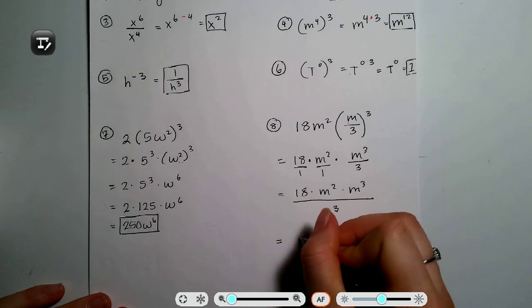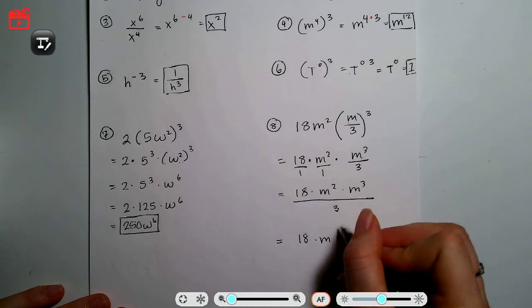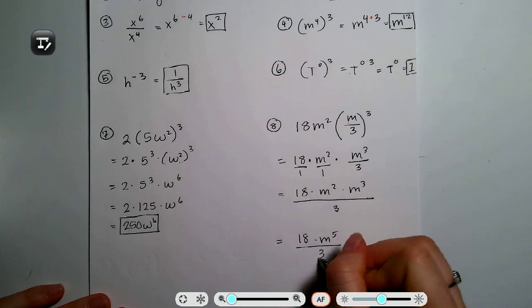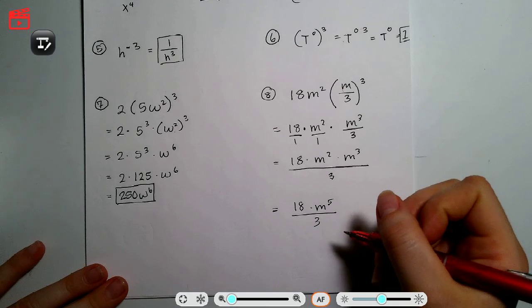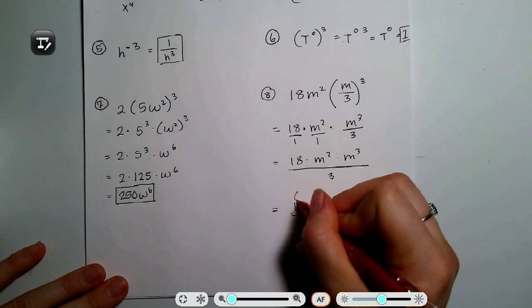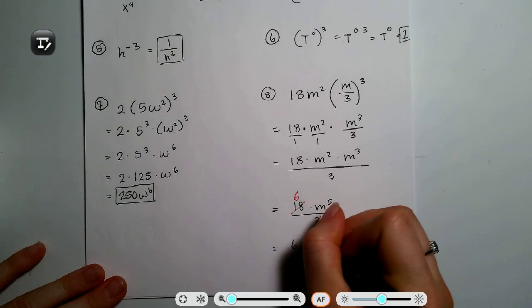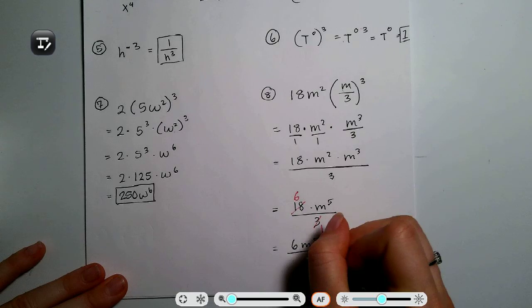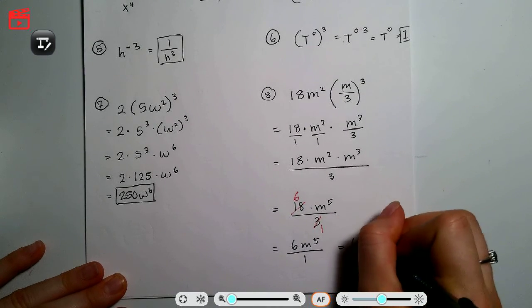So that's going to equal 18 times m, 2 plus 3, that's 5, all over 3. And then can we simplify any further? Well, let's see, 3 and 18. Yeah, 3 can go into itself once, and 3 can go into 18 6 times. So my final answer is 6m to the 5th divided by 1, which we can actually simplify, remember, into 6m to the 5th.